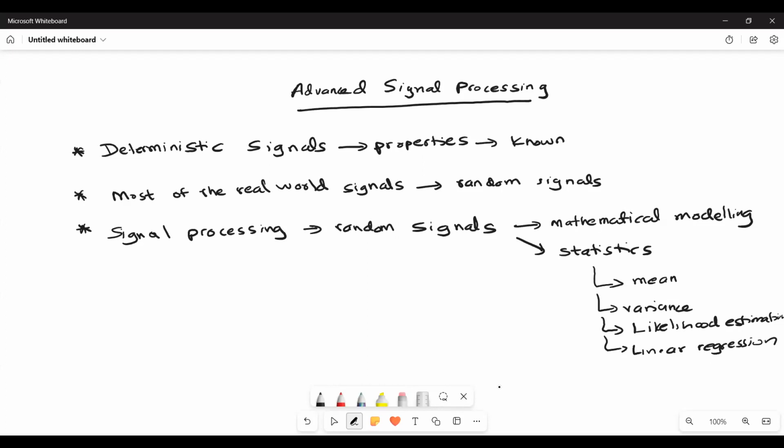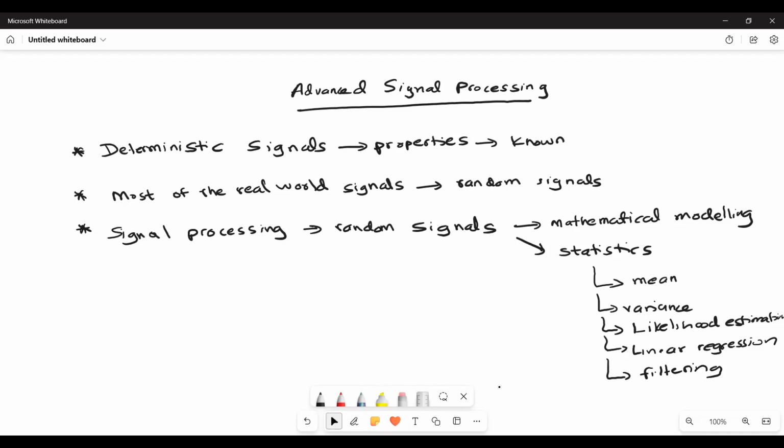We will be discussing all these, and we also will be talking about filtering signals, extracting the components from these signals, and analyzing specific parts of the signals.